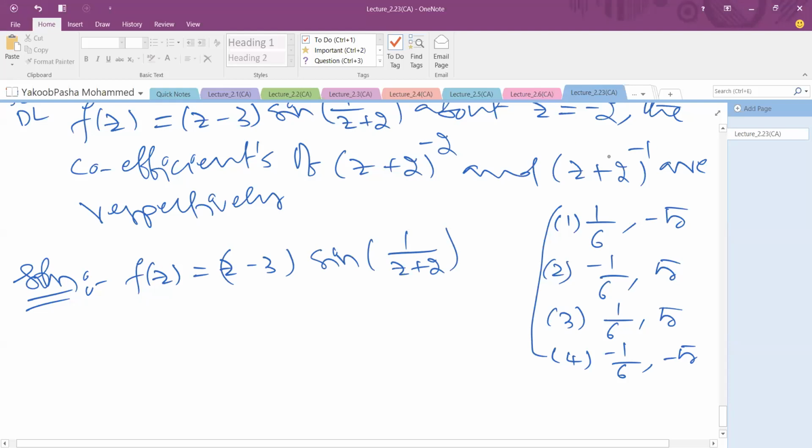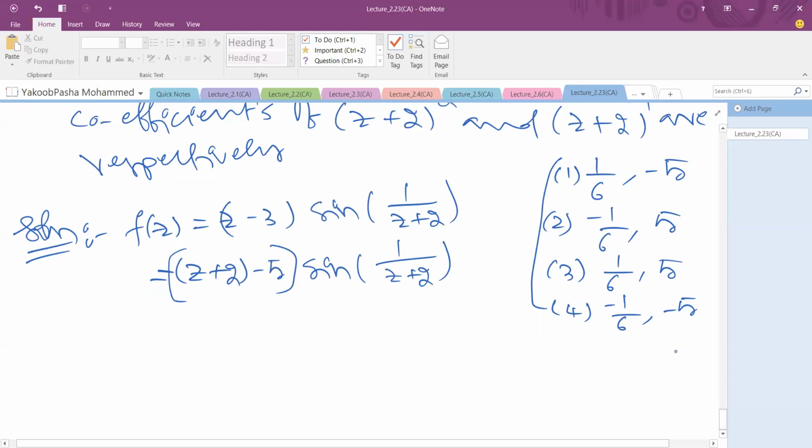Z is equal to minus 2, so z plus 2 is equal to 0. We have to convert into z plus 2. But we are given here z minus 3, so we can write z minus 3 as z plus 2 minus 5, into sine 1 by z plus 2.